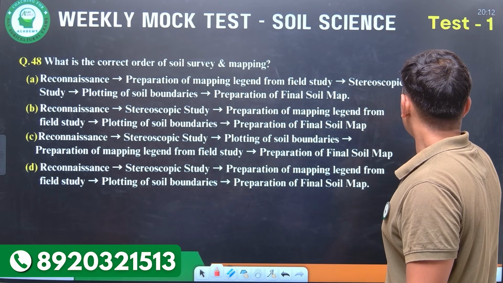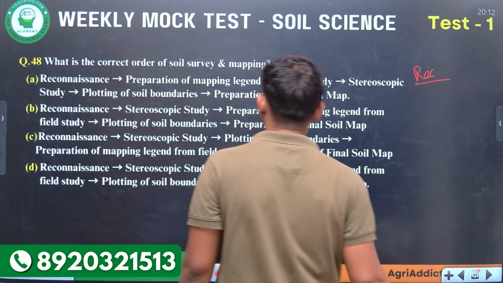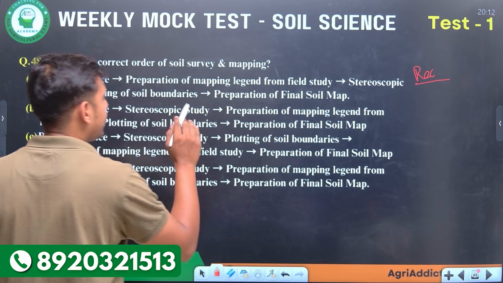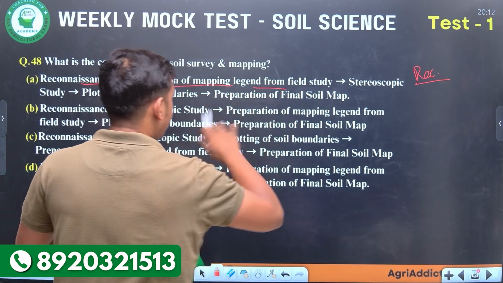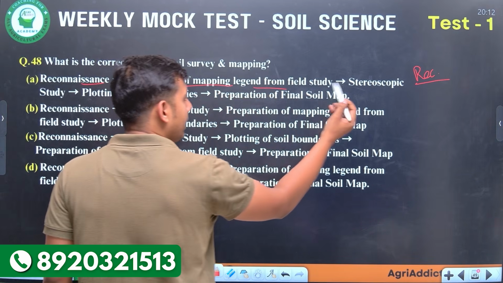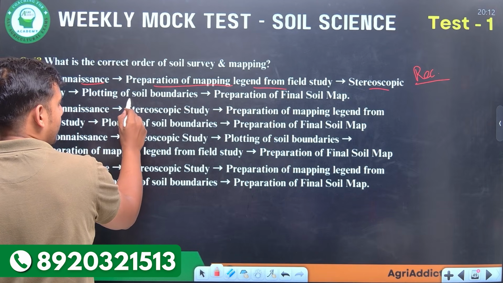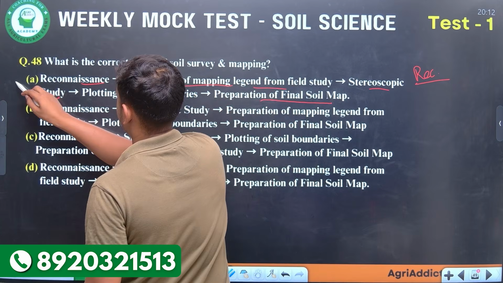So reconnaissance survey is first done. Then comes the preparation of mapping legend from the field side. Okay, this is true also. After the reconnaissance is done, then the preparation of mapping legends is also done. Then stereoscopic study is done, and after that the plotting of the soil boundaries is done, and finally preparation of the final map. So this sequence is the correct sequence.